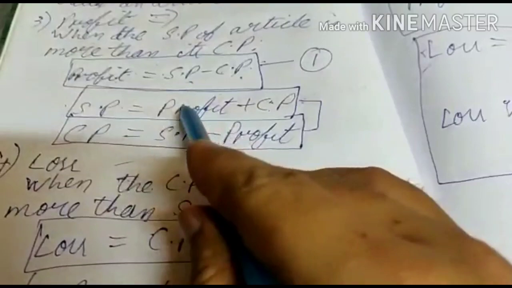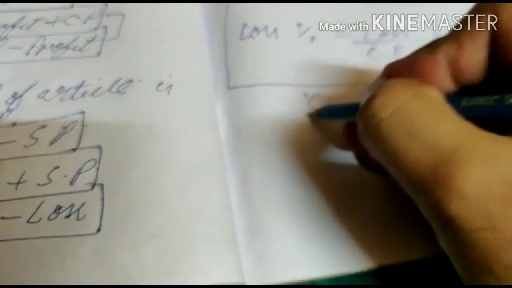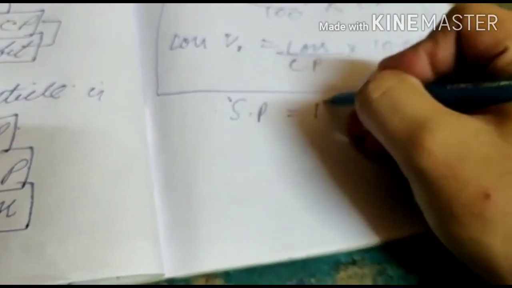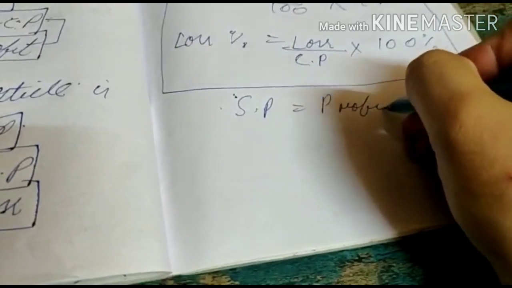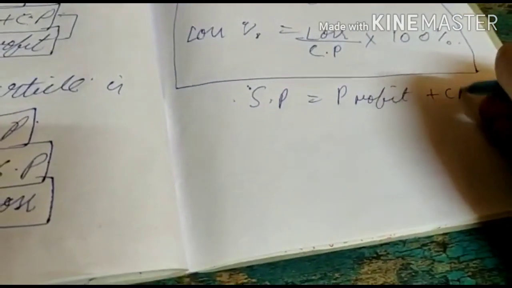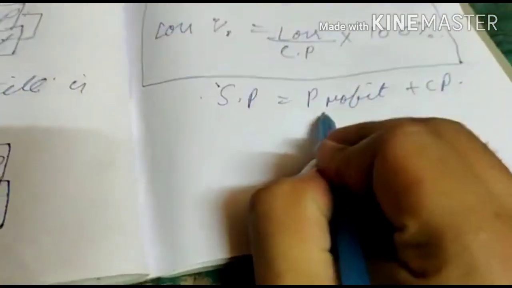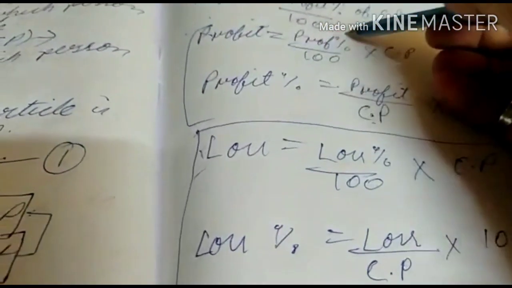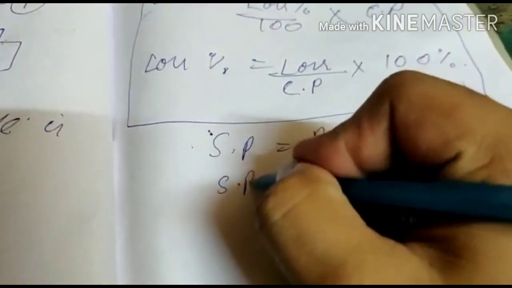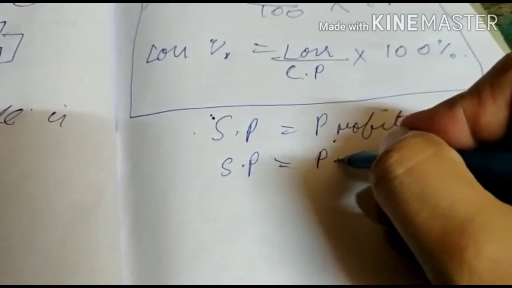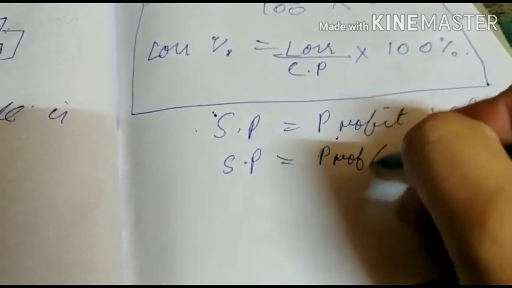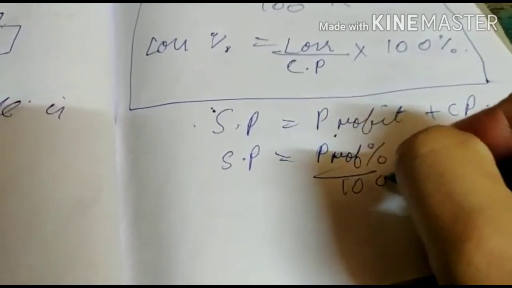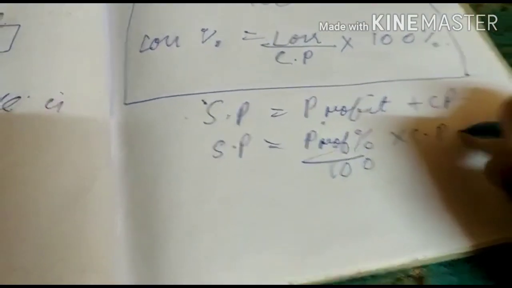I said the first thing, SP equals to profit plus CP. Okay, this profit can also be written in one more way. This profit can be written as profit percent upon 100 into CP. So SP equals to profit percent upon 100 into CP plus CP.